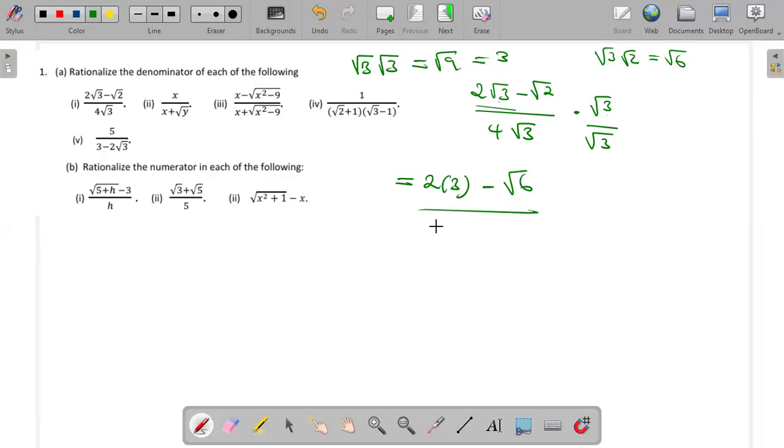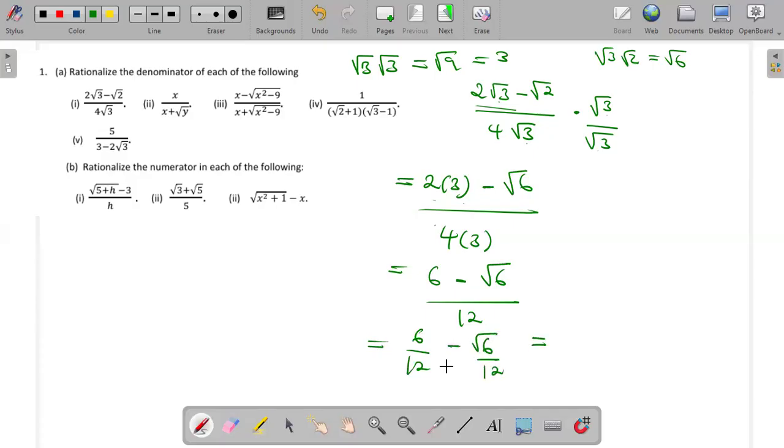Then down there you have 4. Then this root 3 just gives us what? 3, like that. And this is going to be equal to, you multiply, you have 6, then minus root 6, divided by 12. Okay, so you can end here, or you can divide here such that you have 6 over 12 minus root 6 over 12.